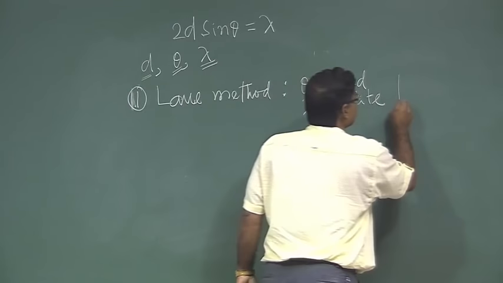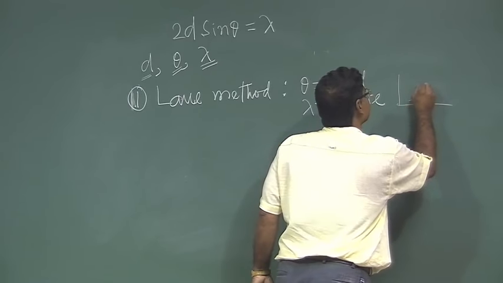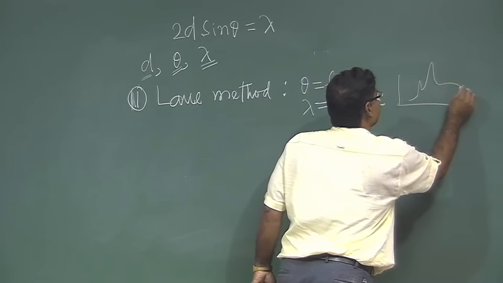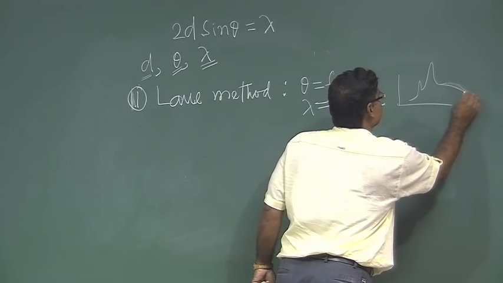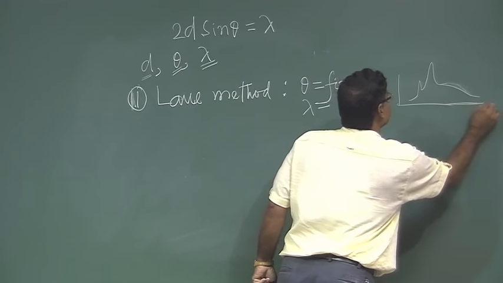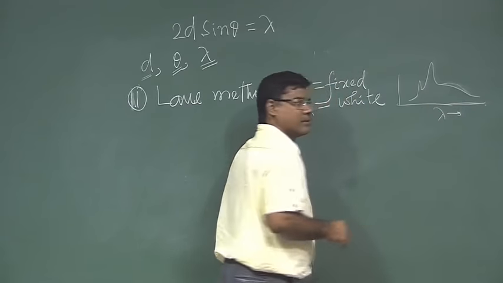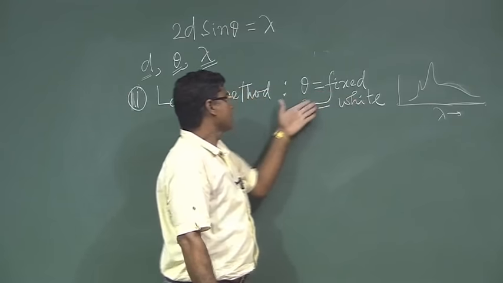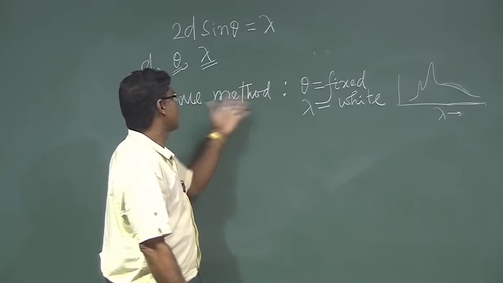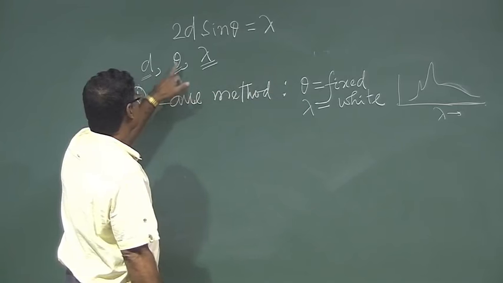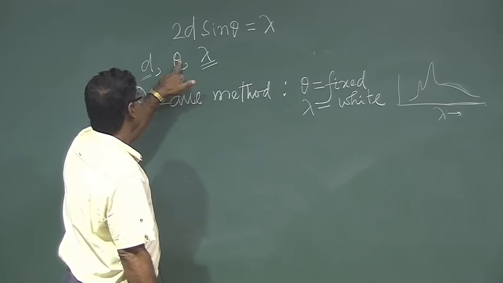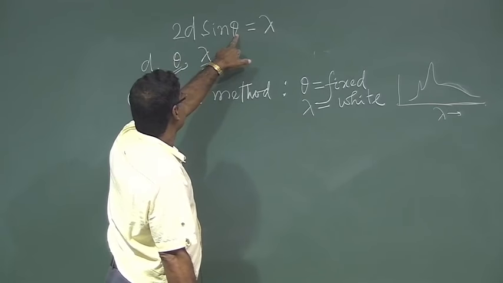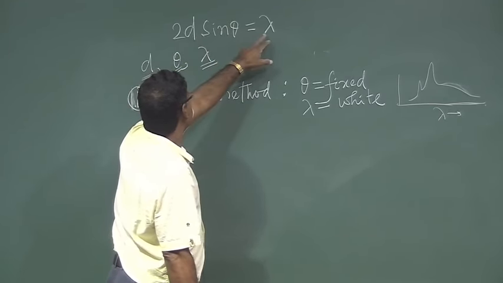I have shown you this type of X-ray spectra, right. This is the lambda. So, all sorts of wavelengths are there, white light. So, lambda is variable in this method, and theta is fixed.